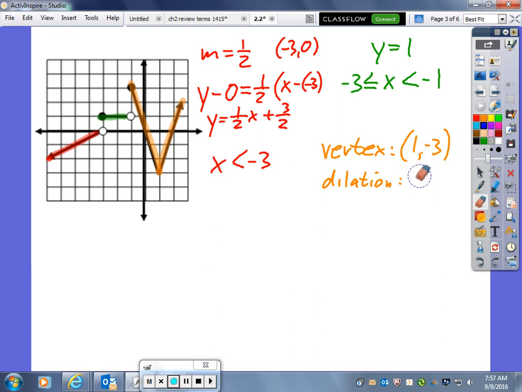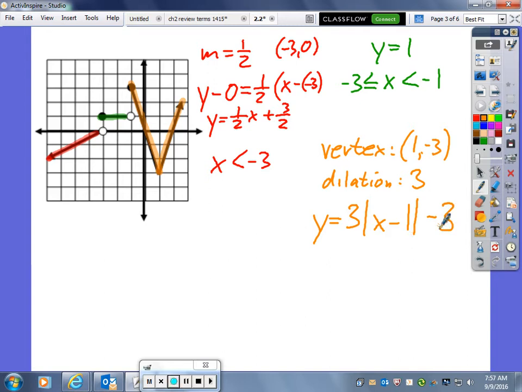I hope you caught that. The dilation is obviously not 2, it is 3. And our function therefore is y is equal to 3 times the absolute value of x minus 1. Remember, change the sign.